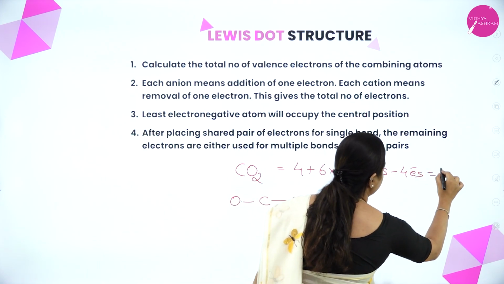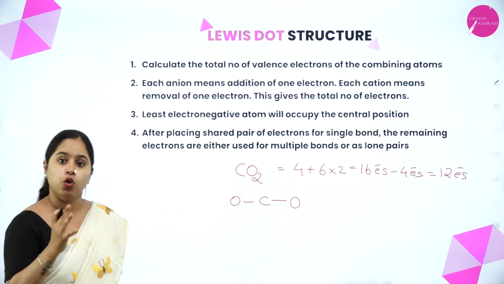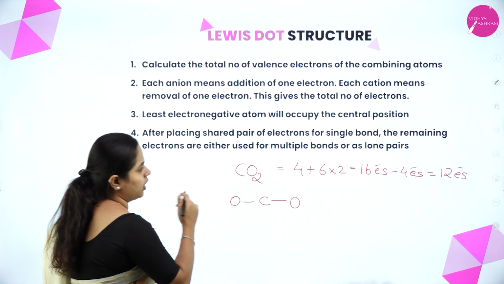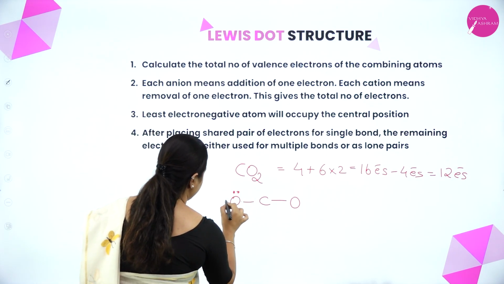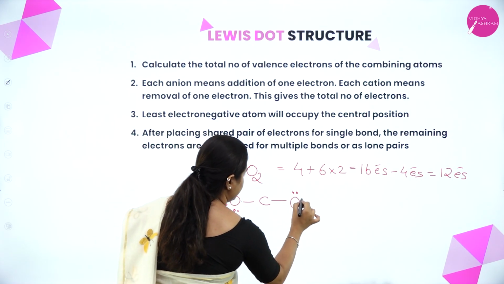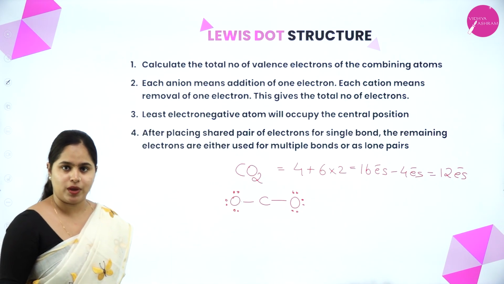So that gives a total of 12 electrons now, which I have to represent either by lone pairs or double bonds or triple bonds. So let's start. The 12 electrons, how to represent them? 1, 2, 3, 4, 5, 6, 7, 8, 9, 10, 11, 12. Okay, so I represented the 12 electrons.